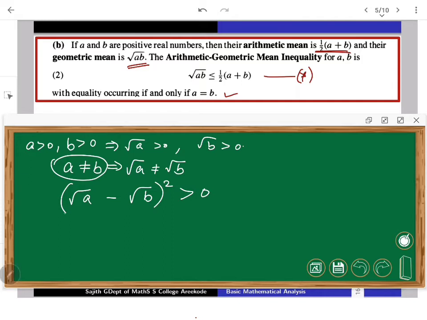But it is easy. The square root of A minus the square root of B, whole squared, is going to be positive. This implies what? The square root of A squared, that is A, minus 2 square root of AB, basically the square root of A into the square root of B, plus B, that should be positive. On the other hand, manipulate it. This says that A plus B is greater than 2 times the square root of AB.